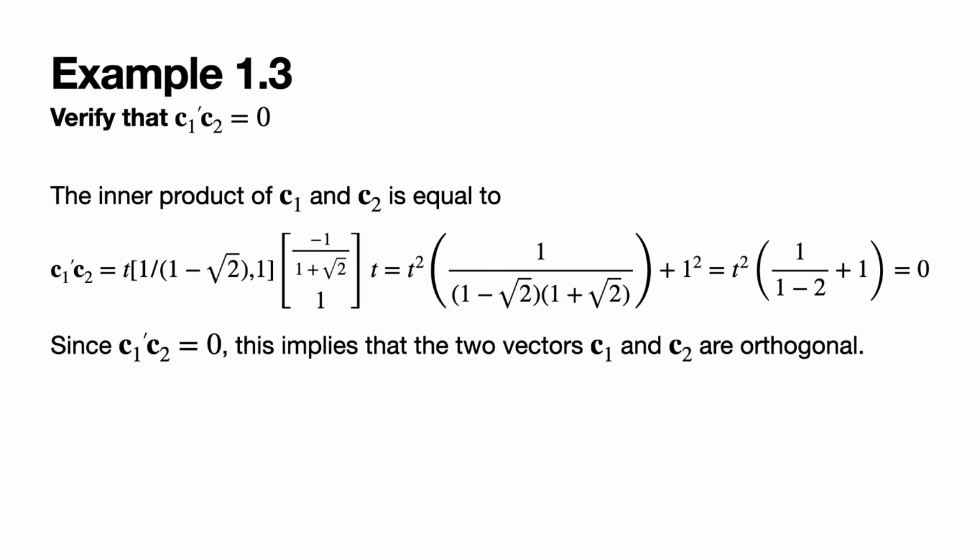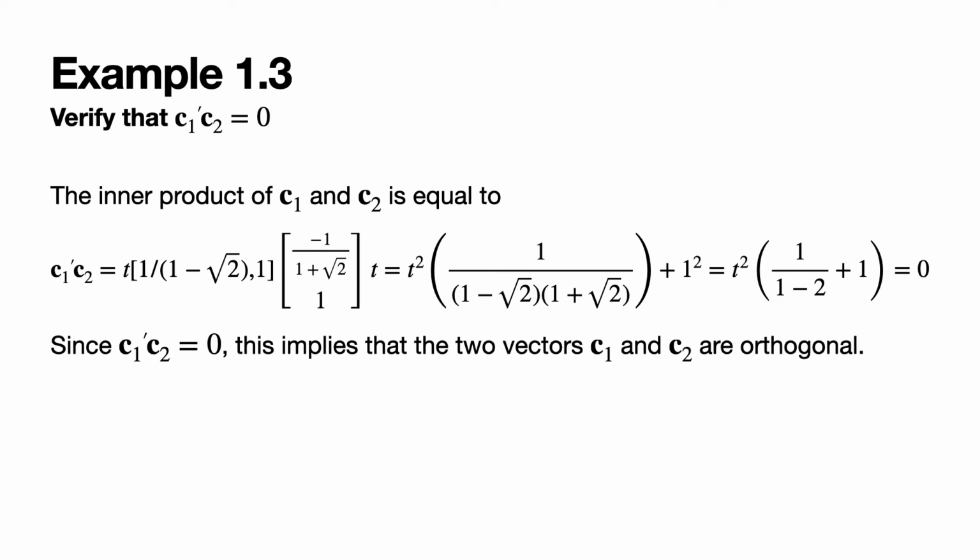Okay, next we're going to verify that the characteristic vectors of cap sigma corresponding to different characteristic roots are orthogonal. And the way we're going to do that is to show that C1 and C2 have an inner product that is 0. In other words, C1 prime times C2 is equal to 0. And so C1 prime times C2 is equal to the expression here on the slide.